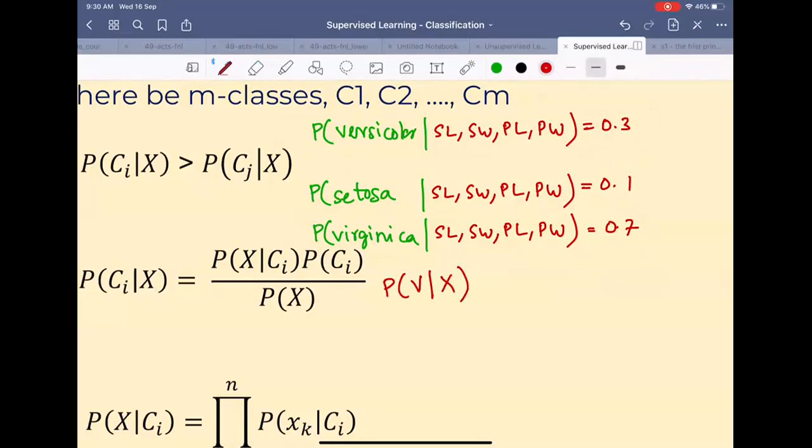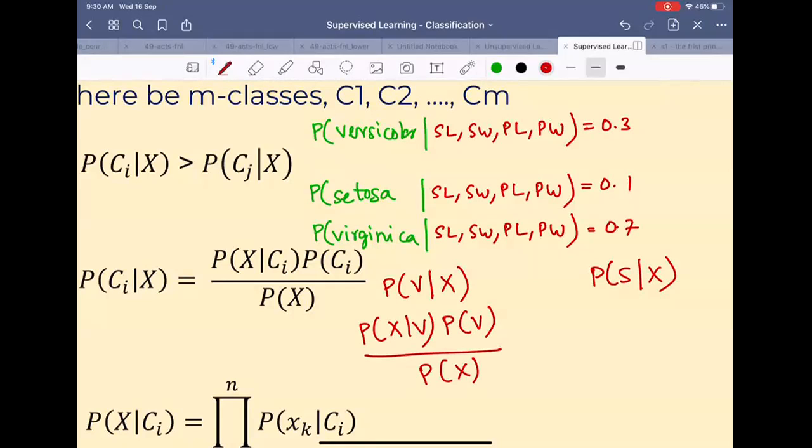And let me compare virginica with setosa, and the probability of setosa given data. What is the probability that a flower is virginica given some data that I have? And what is the probability that the flower is setosa given some data that I have? So to evaluate this, I will use Bayes Theorem. Bayes Theorem says that this can be evaluated by saying the probability of data given that the class is virginica multiplied by the probability of the class being virginica divided by the probability of that data.